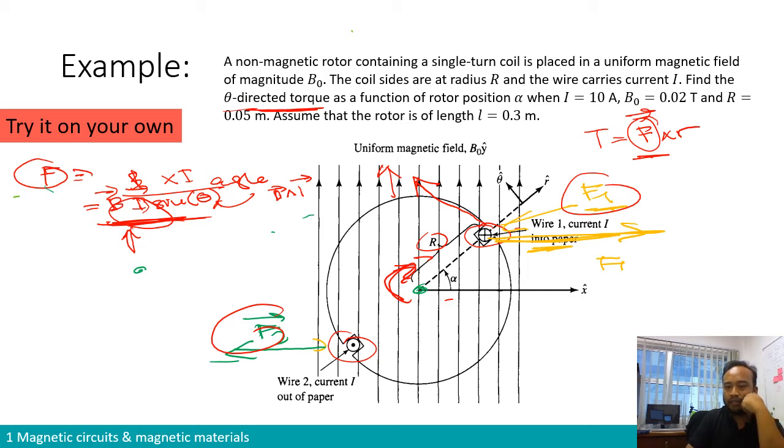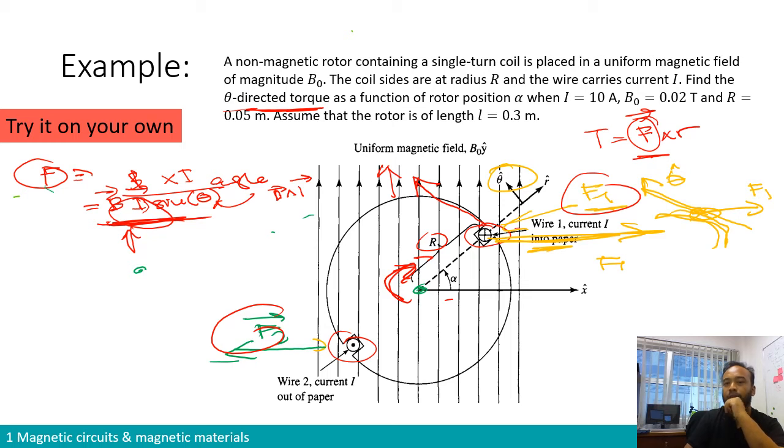If we look at F1, imagine this is your conductor. You have force F1 in this direction. But what we need to do is project the force onto the tangent of the circle, the tangent of the rotor. So we need to project it on the axis that is given, axis theta.